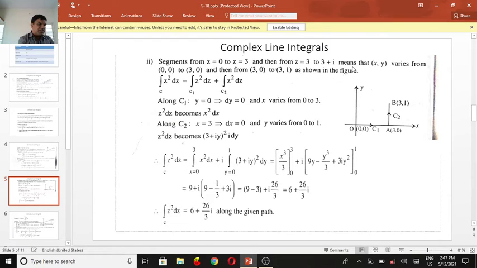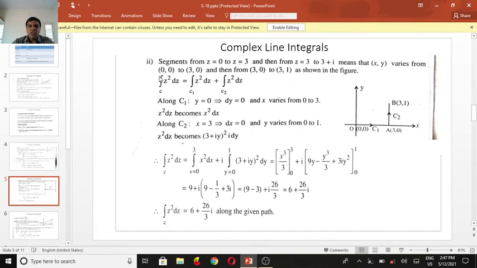Again, z = 3 + i means x, y is (3,1). So this is along a line path.